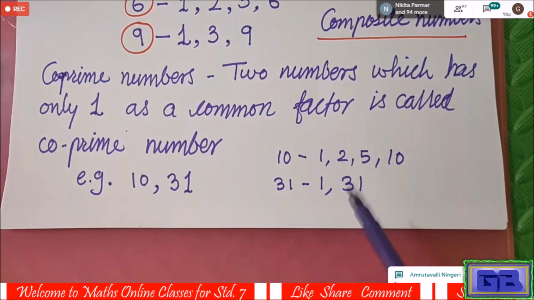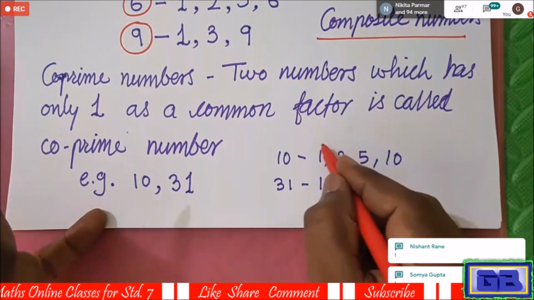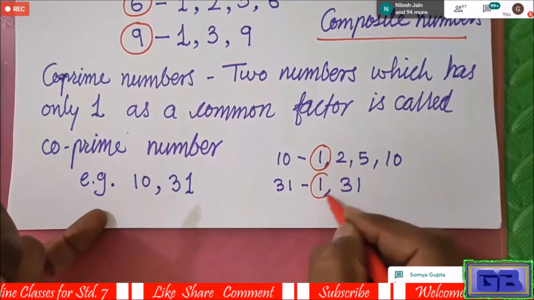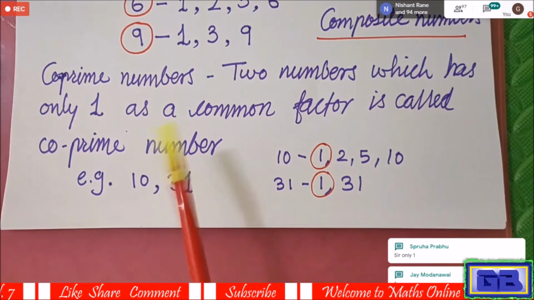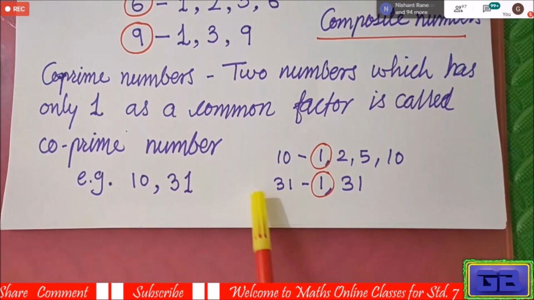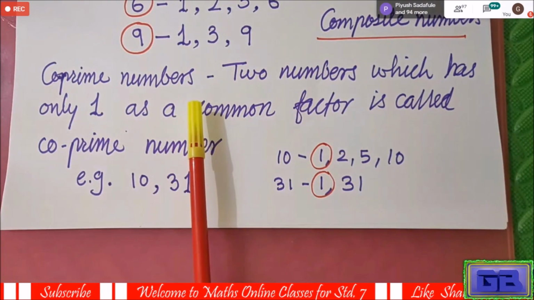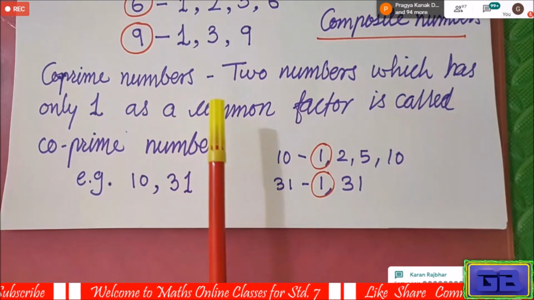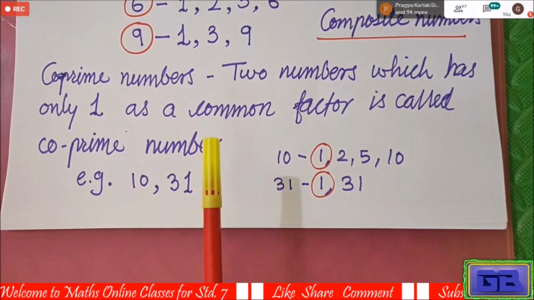It means the common factor is only 1, and that is number 1. Therefore, these two numbers are co-prime numbers. Co-prime numbers are also called relatively prime or mutually prime numbers.